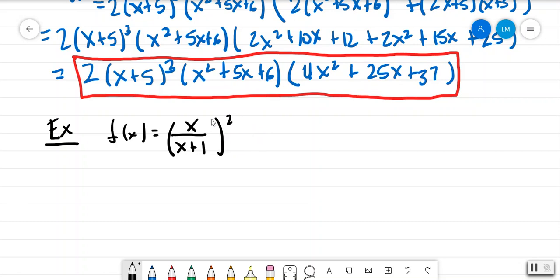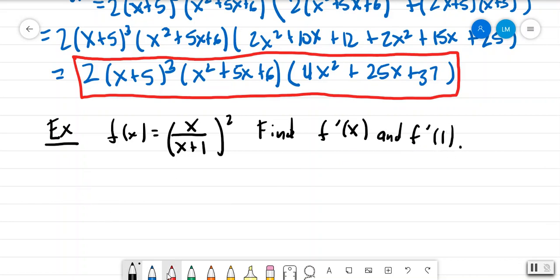For instance, you could write it as x squared divided by x plus 1 squared, and that's going to be quotient rule. But let's say that we want to find f prime of x.